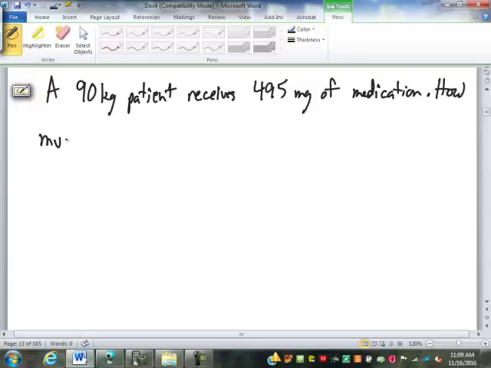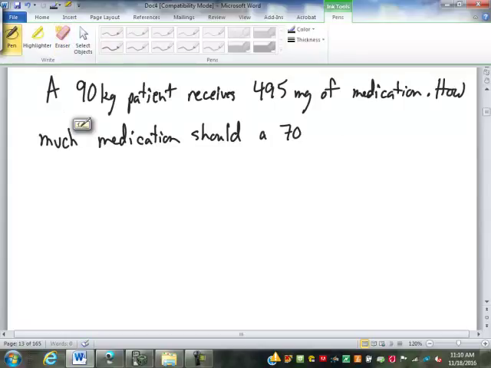How much medication should a 70 kilogram patient receive? I'll give you a couple minutes to try to figure that one out.